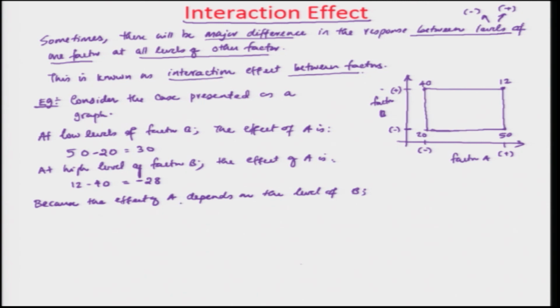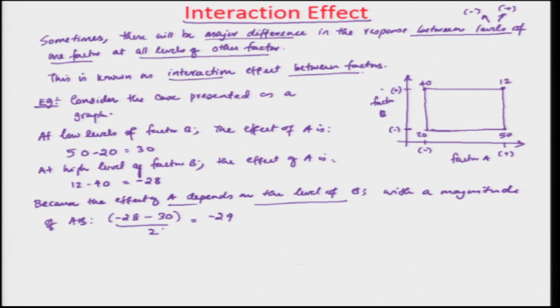Because the effect of A depends on the level of B, what will be the magnitude of the AB effect? It is the difference: minus 28 minus 30, divided by 2. So, 30 plus 28 is 58, by 2, it will be minus 29. So, that is the AB effect.